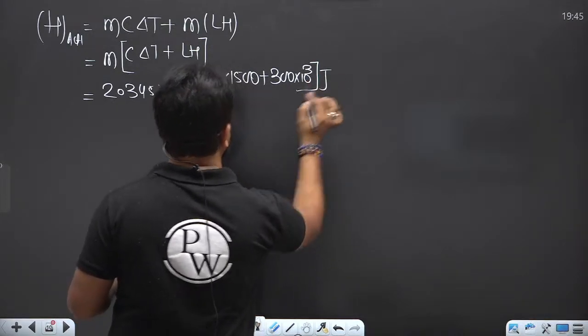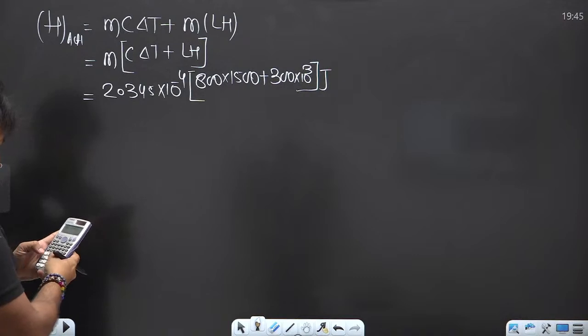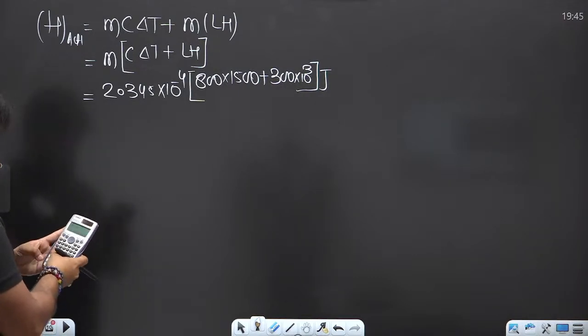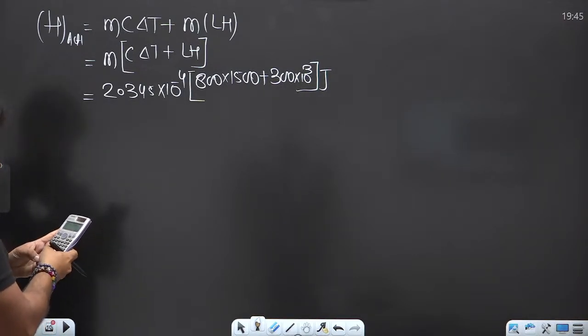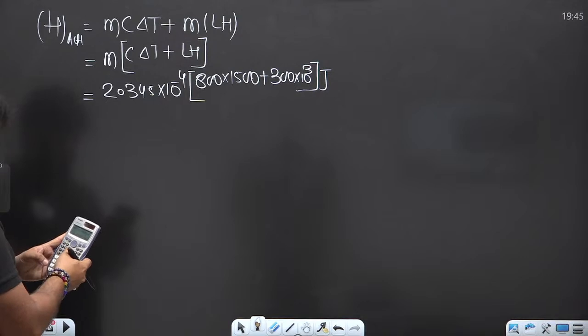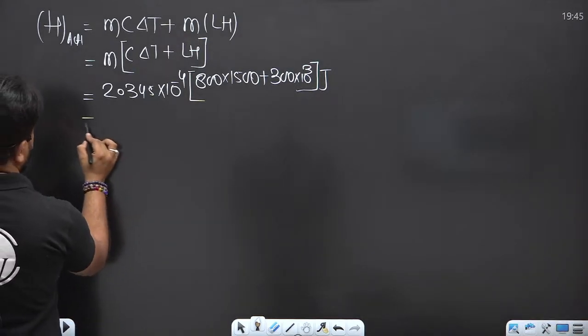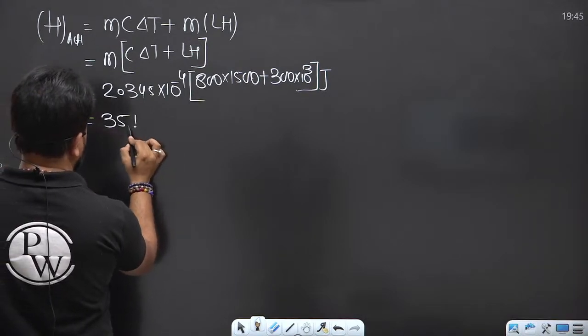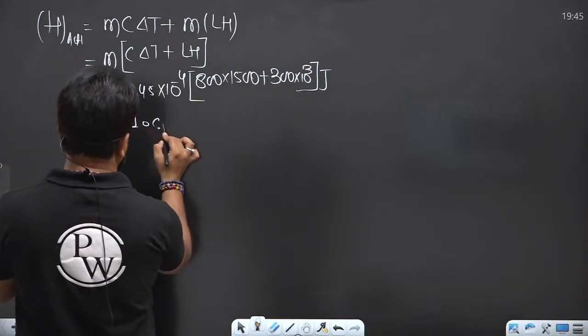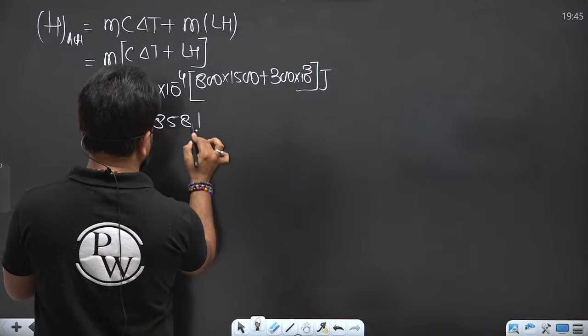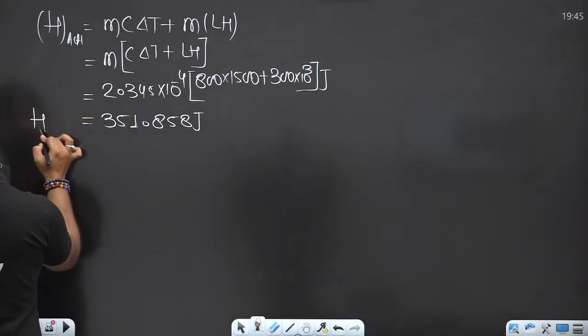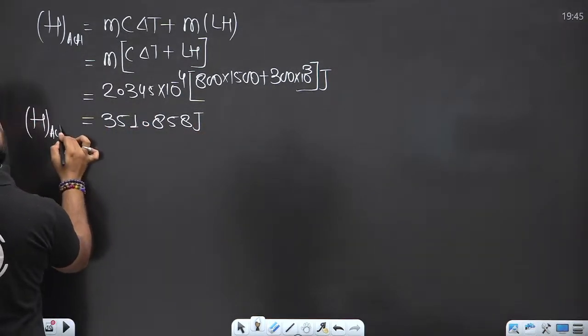So 800 into 1500 plus 100 into 10 to the power 3, it comes out 1.858. This is the actual heat.